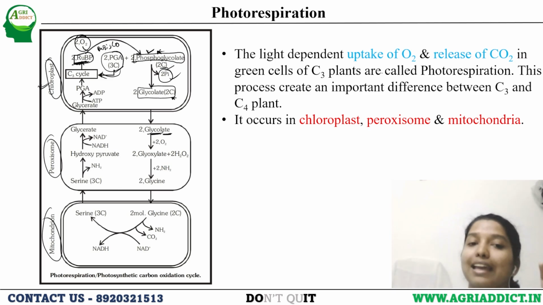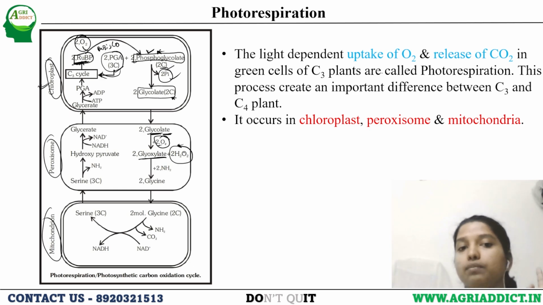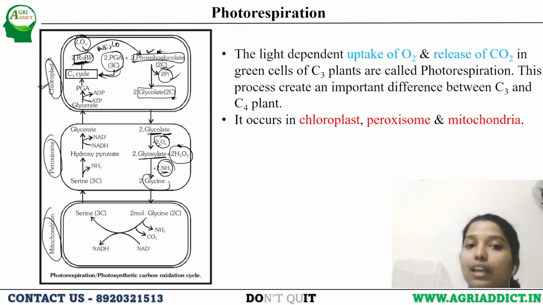Here oxygen is getting added and this is converted into glyoxylate, and a peroxide molecule is getting formed. Okay. Now, 2 ammonia molecules are getting added to glyoxylate, and this glyoxylate is getting converted into glycine.